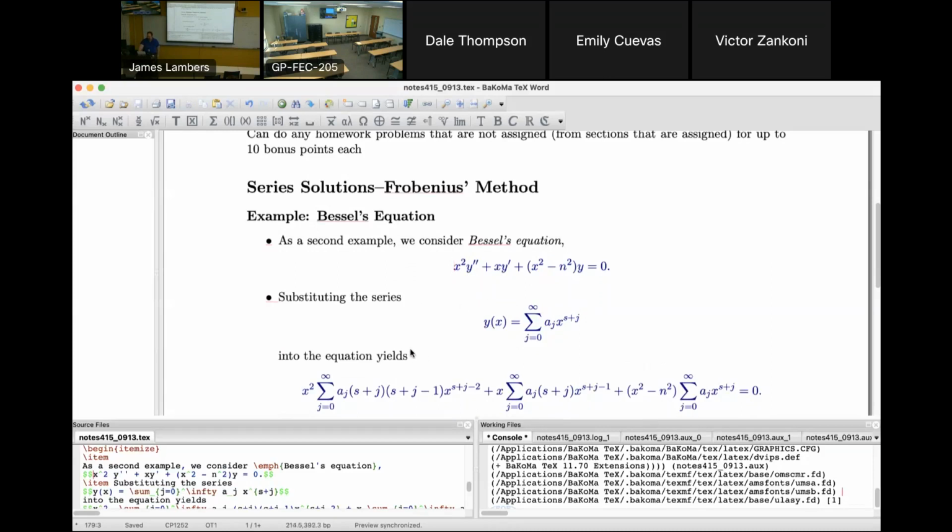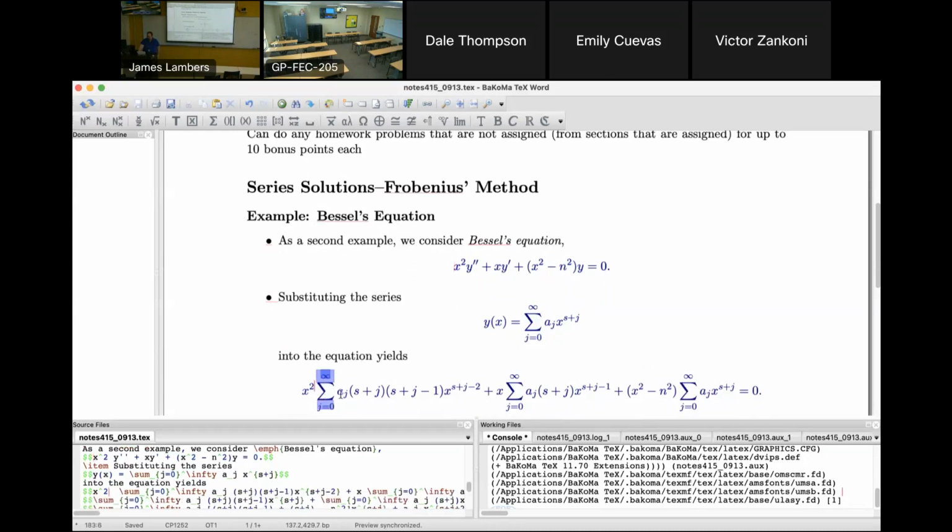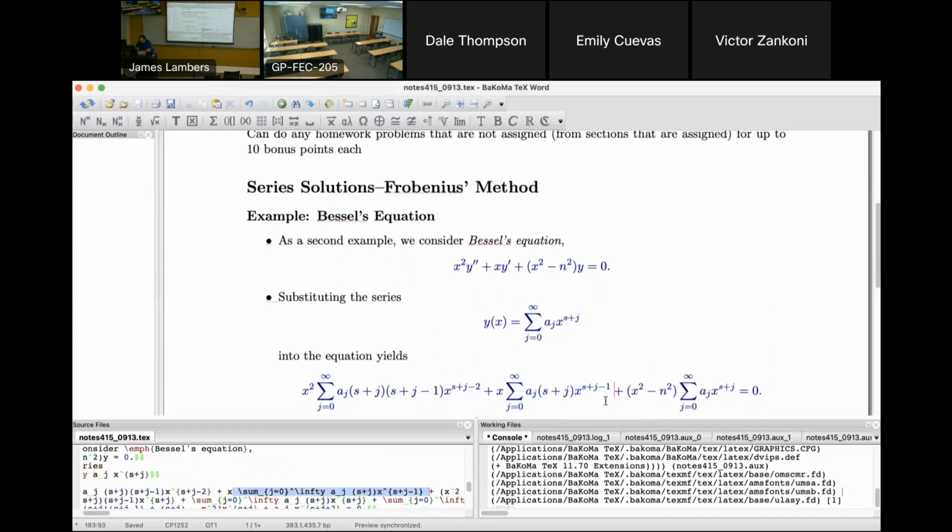We have x squared times the second derivative, taking the second derivative term by term, plus x times the first derivative, using the power rule term by term, and then plus (x squared minus n squared) times just the power series itself.